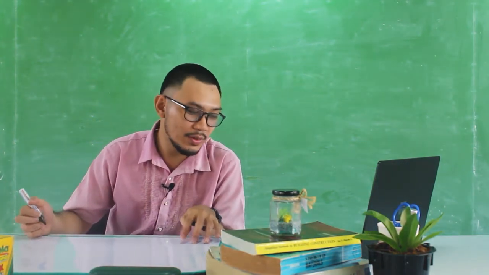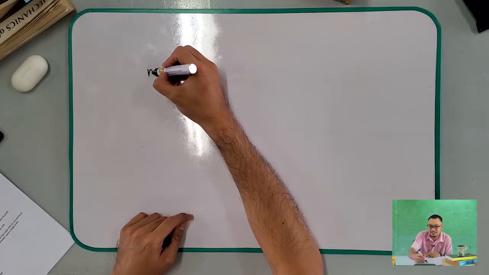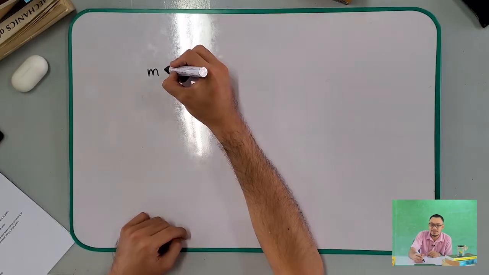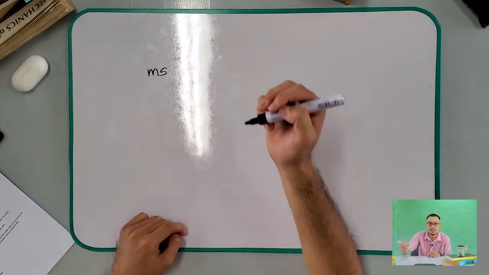a dot. Okay? So, for example, you have meters and the unit meter second. Okay?